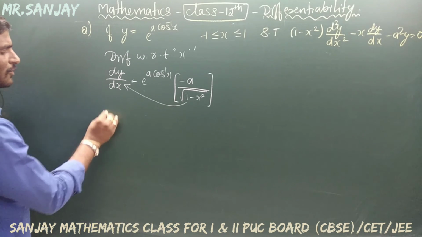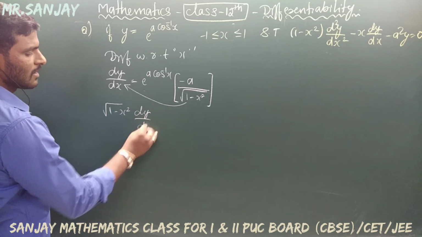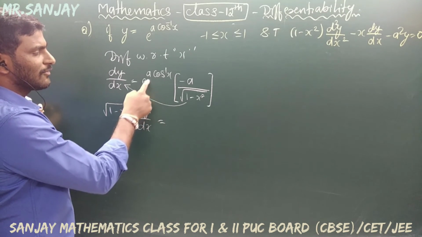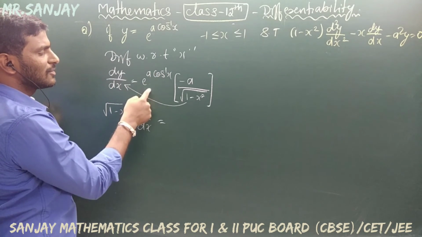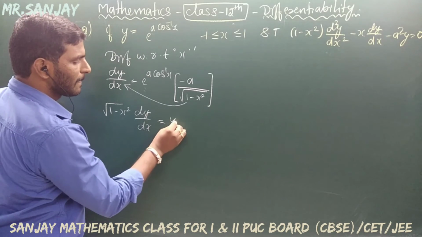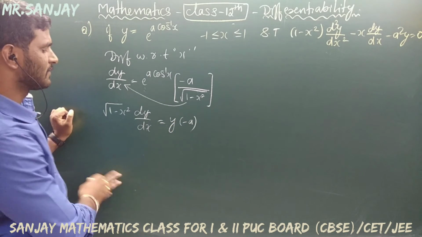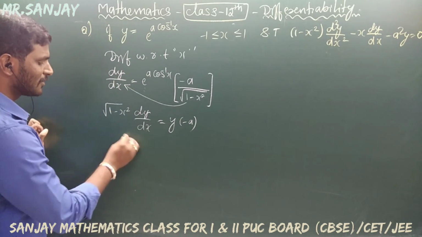So there is a root 1 minus x square into dy by dx, and that is equal to e to the power of a cos inverse x, we can write y here. So there is a minus a as it is. Y into minus a. Now I need to remove the root, hence squaring on both sides.